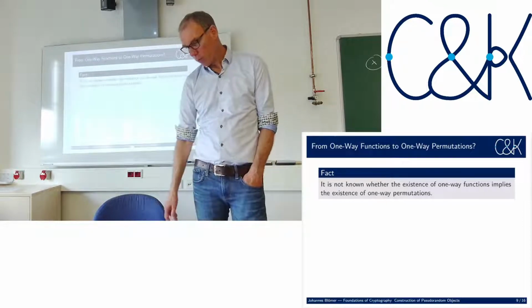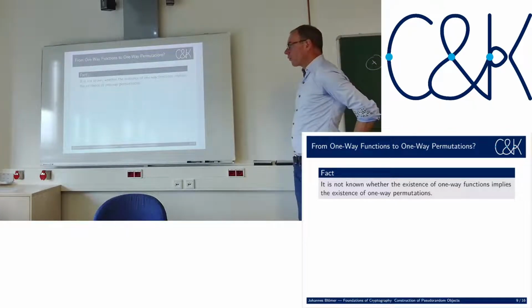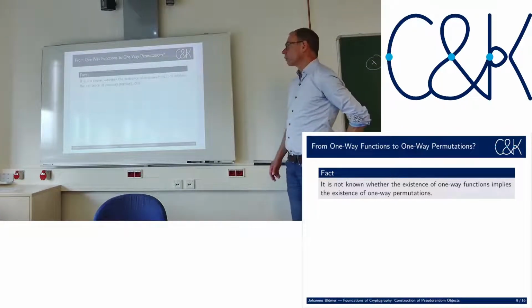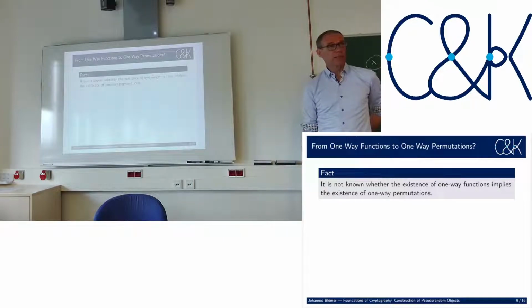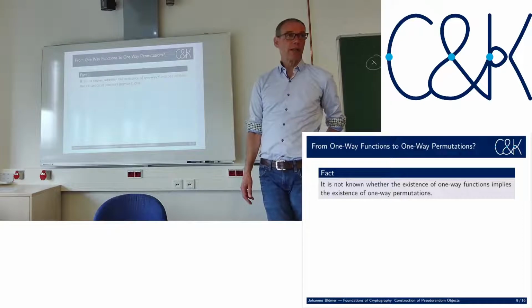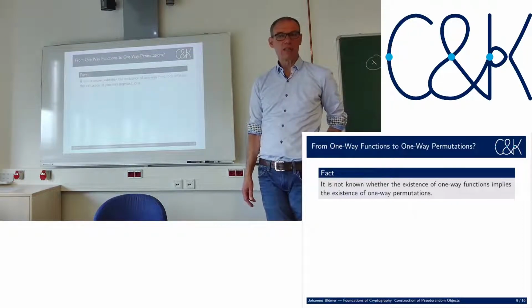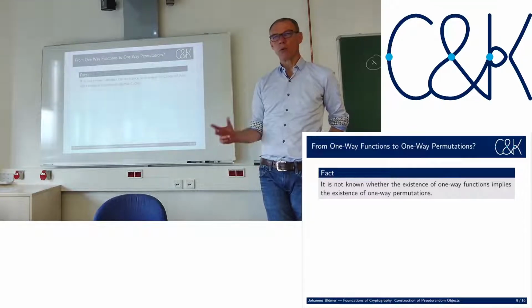Now, what do we know about the relation between one-way functions and one-way permutations? It's unfortunately not known whether the existence of one-way functions implies the existence of one-way permutations. We do think that both types of objects exist, but it's not known how to construct a one-way permutation from a one-way function.